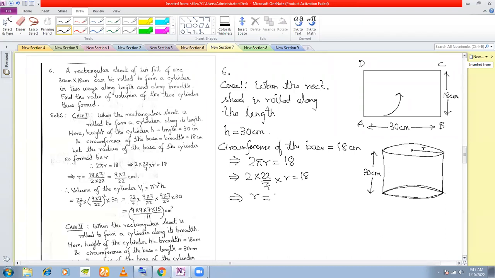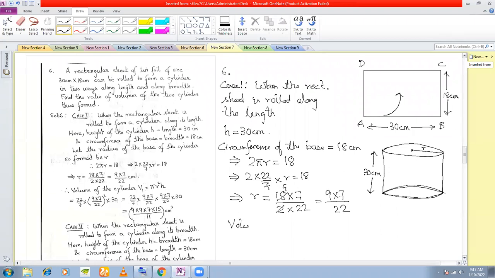You are getting here R is equal to 18 into 7 divided by 2 into 22. You can cancel here 9 times. We're getting 9 into 7 divided by 22. Now I am not calculating this 9 into 7 divided by 22 because I need to calculate the ratio of the volumes, right? So let the radius be in this way. We'll calculate the volume here.